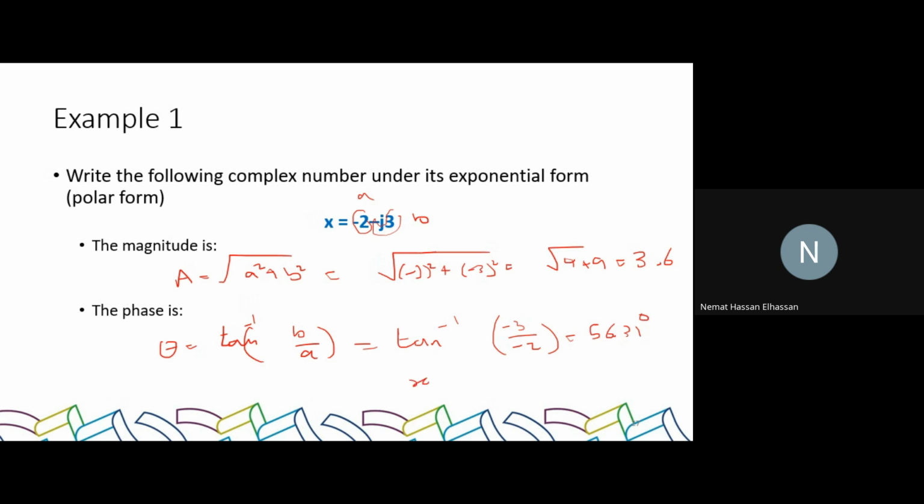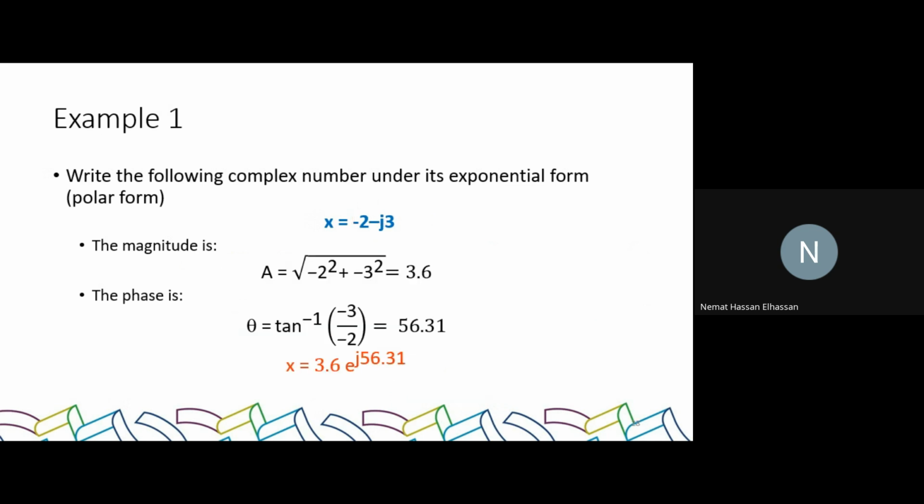So x is equal to 3.6 e power j theta, which is e power j 56.31 degrees. So this is the number x in its exponential form, which is what we have here. It's written. We have it, okay?